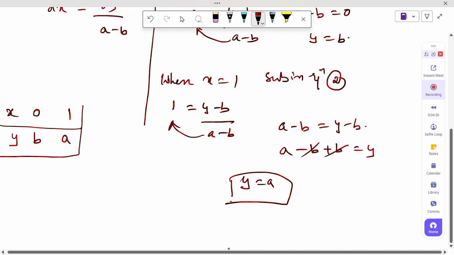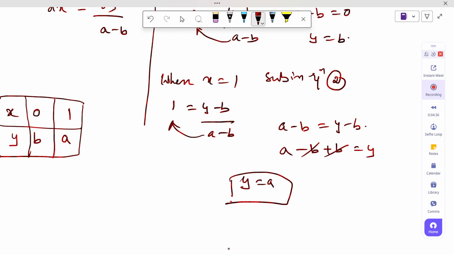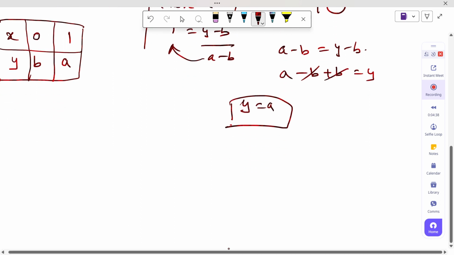This substitution, you are going to substitute into equation number 1.